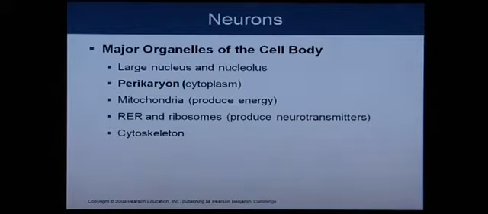And if you recall, the rough ER, which is the type of endoplasmic reticulum that is covered with ribosomes, works well in producing protein. And specifically, the rough ER and ribosomes are going to be producing neurotransmitters.